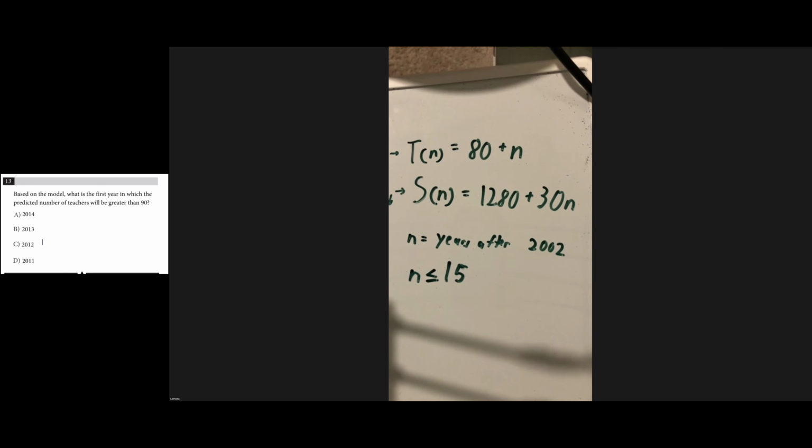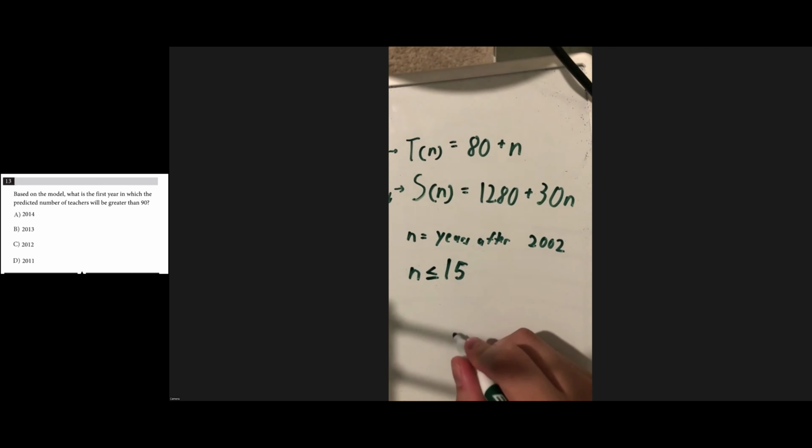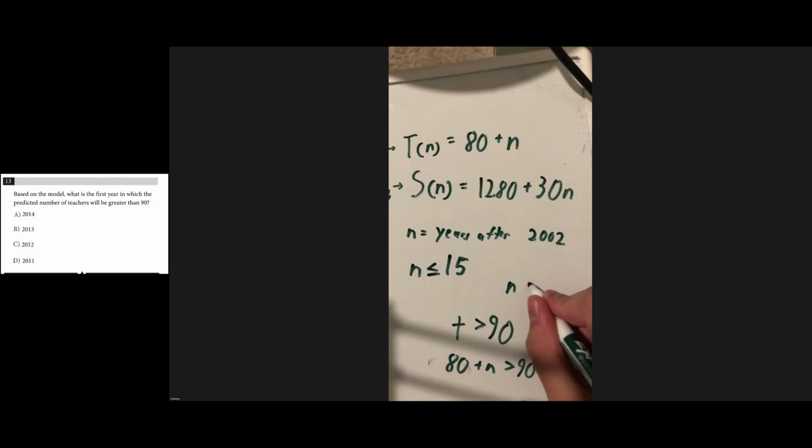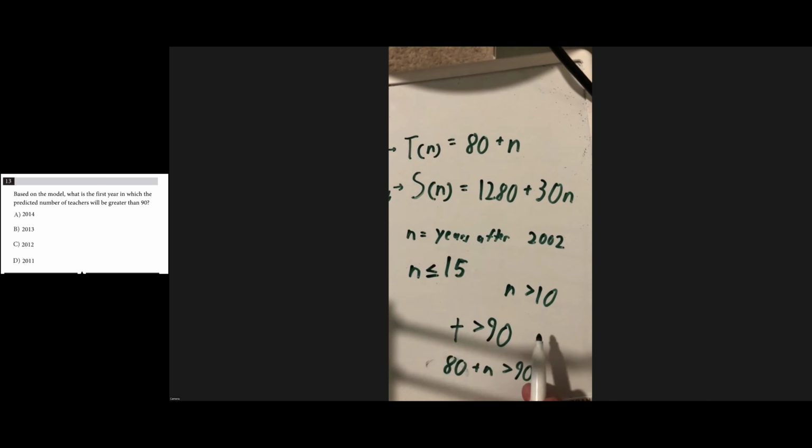Okay, so for question 13, it says, what is the first year in which the predicted number of teachers will be greater than 90? So teachers is greater than 90, not equal to 90. It says greater than 90. And so 80 plus n has to be greater than 90. And then you subtract 80 from both sides, so n has to be greater than 10. Well, what is the next whole number greater than 10?